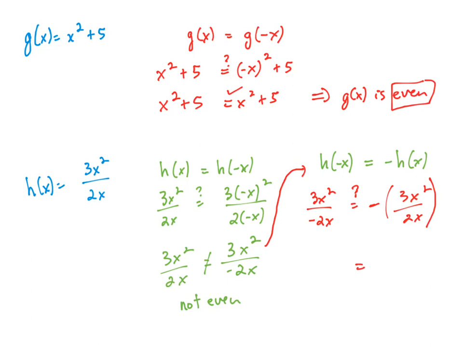So the question is, are these equal to each other? And the answer is yes. When we have a fraction, if there is a single negative sign either in the numerator, the denominator, or in front of the fraction, those are all equal to each other. So these are equal, so we'd say that this function is odd.